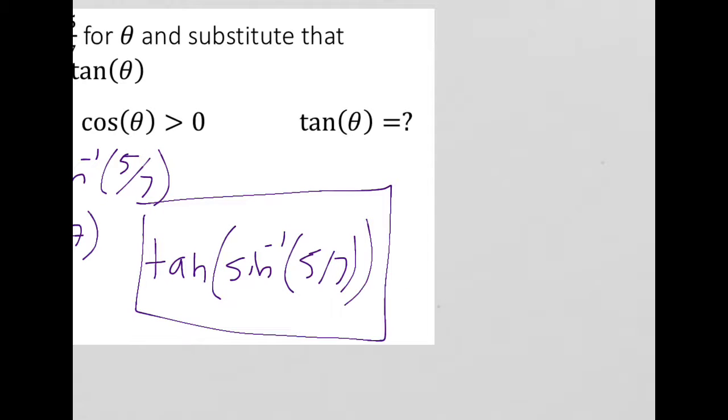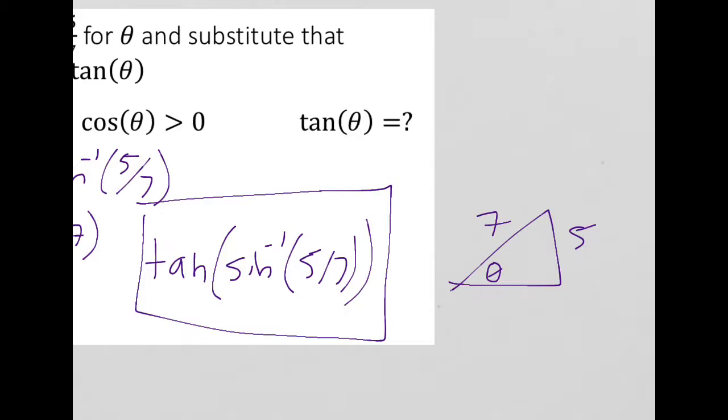You should draw a little triangle, and you should say, well, let's put a theta there. I know sine is the opposite over hypotenuse, so I know I get a 5 over a 7 there, because remember, when you input a value into an inverse trig function, you're inputting the ratio of sides for that trig function.